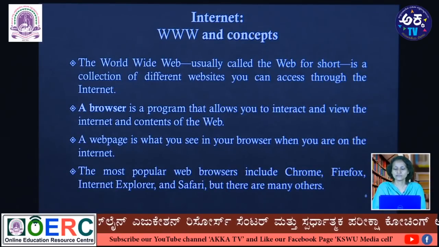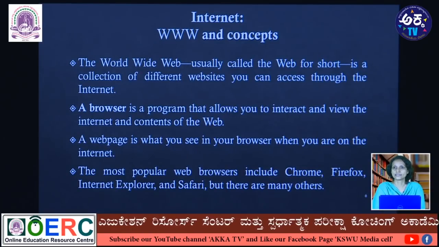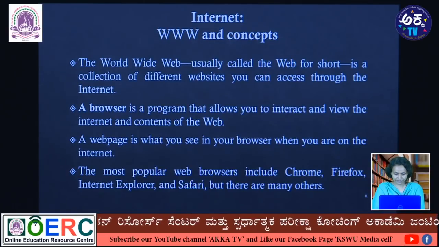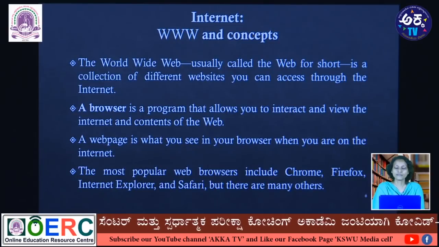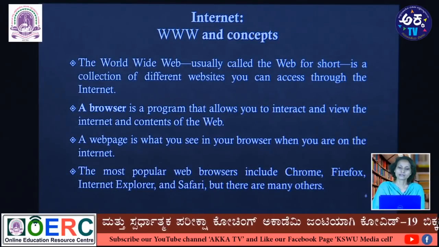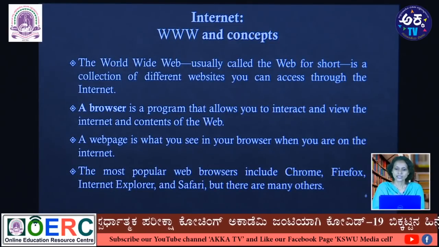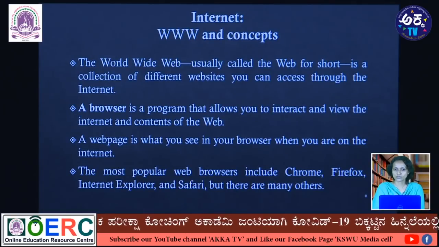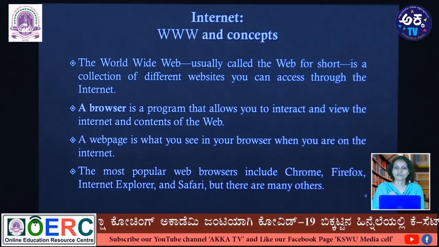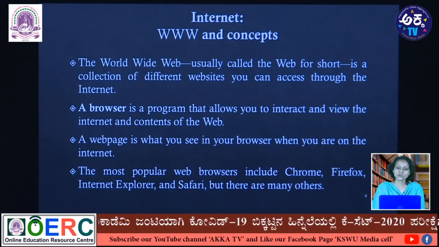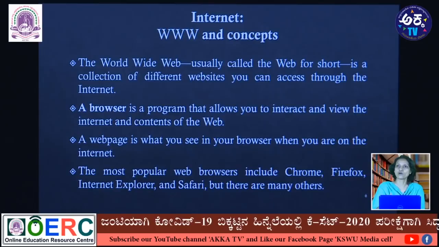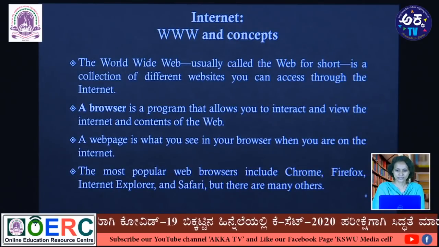So when we say a website, it contains the information, and every website has got its own address. Say for example ksw.ac.in, which is the web address for Women's University Bijapur, you will get all the required information of this university with this name.